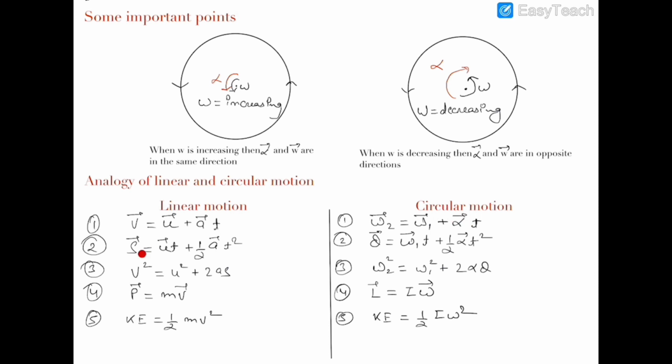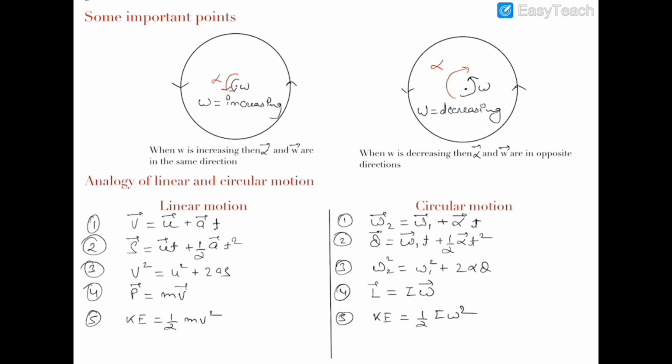Now like s is equal to ut plus half at square, this theta, angular displacement, is equal to omega 1 t plus half alpha t square. v square is equal to u square plus 2as, then omega 2 square is equal to omega 1 square plus 2 alpha theta. p is equal to mv, where p is momentum, m is mass and v is velocity.